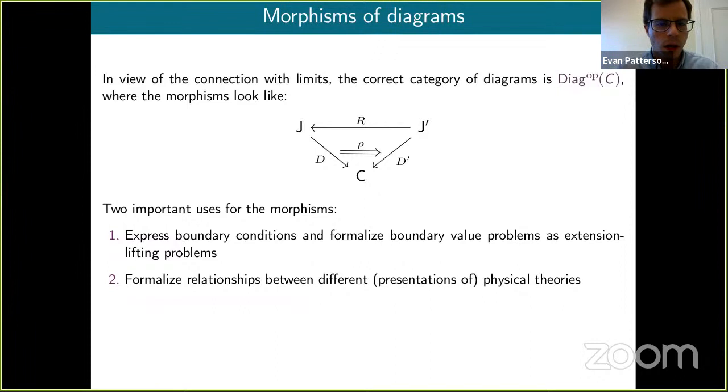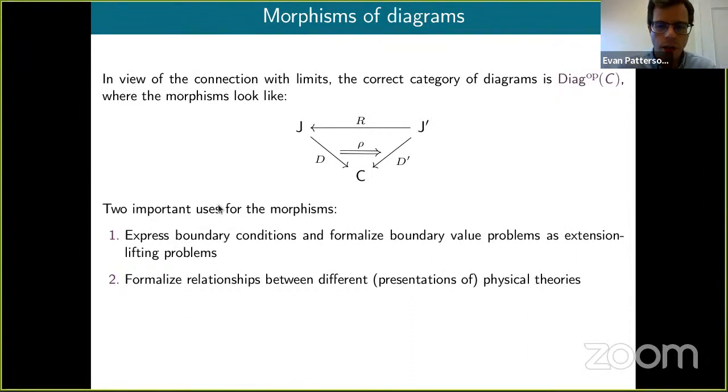So now let's bring in the diagram morphisms. From the first part of the talk and the connection to limits, we should perhaps have the idea that the right notion of diagrams here are diagram op, because these are the ones that play nicely with limits.